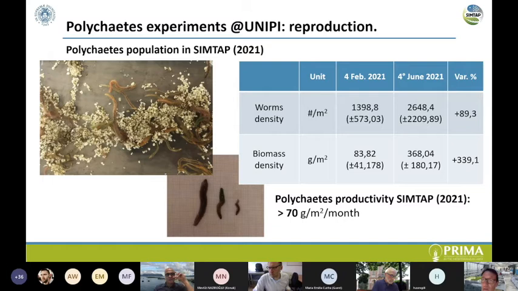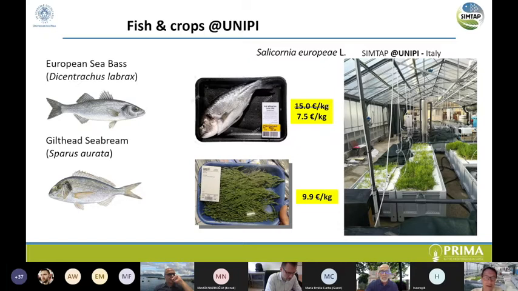And the biomass density we reached 1 month ago was this one shown, that leads to a productivity of about 70 grams per square meter per month. But now I can say that it is a little more. So I might say 100 grams per square meter per month. That is just a good result.